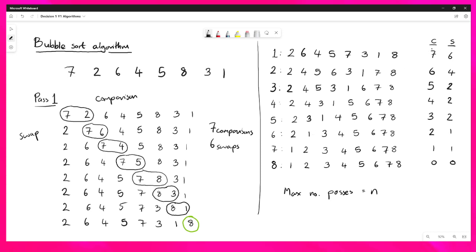Now, we can see here that this is the sequence n-1, n-1, n-2, and so on, down to 2, 1. So the maximum number of comparisons is going to be n-1 plus n-2 plus and so on, down to 2 plus 1.